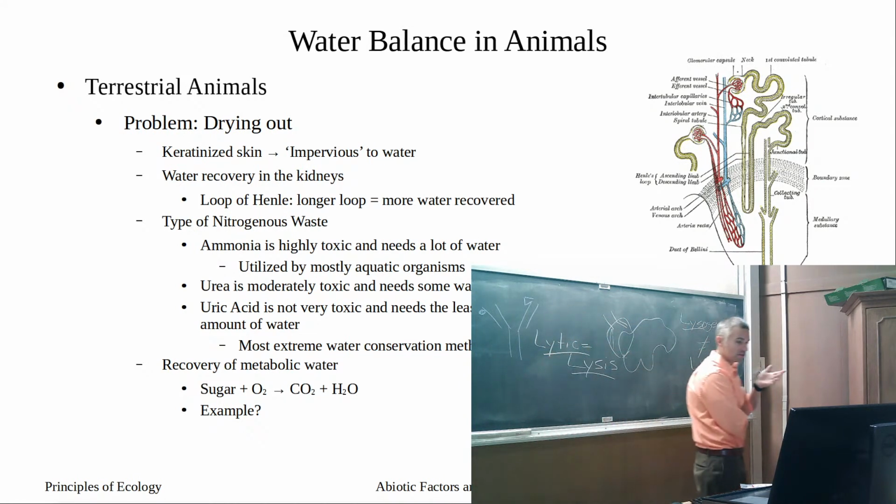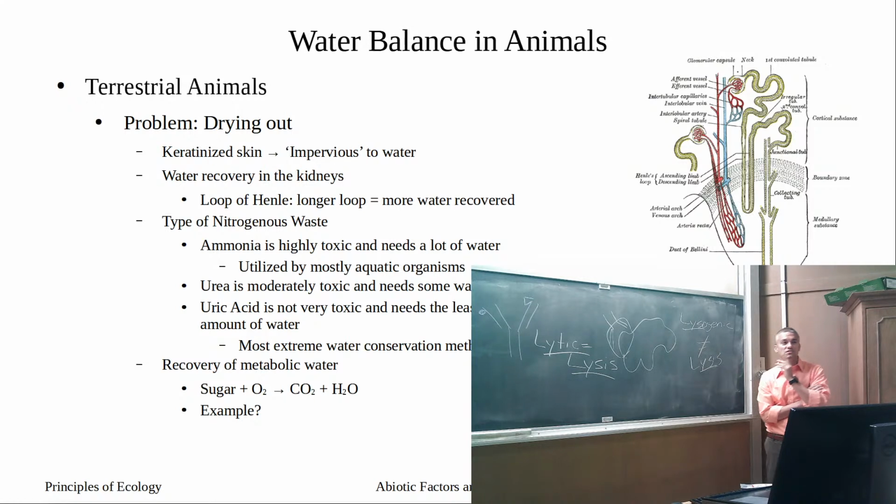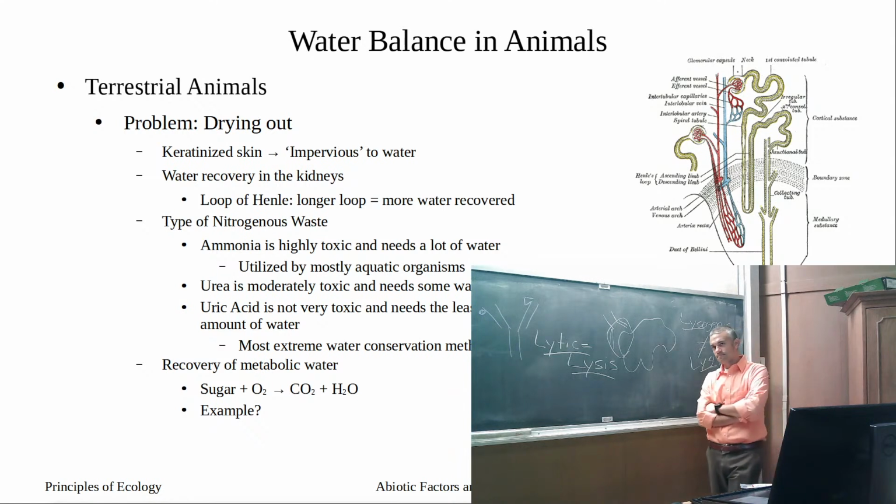Other organisms, such as birds, such as reptiles, produce uric acid. So this is like the ultimate waste product if you're going for water conservation. Uric acid, not very toxic at all to you. Doesn't need a whole lot of water, which means that you get rid of your nitrogenous waste, but you retain all of the water.